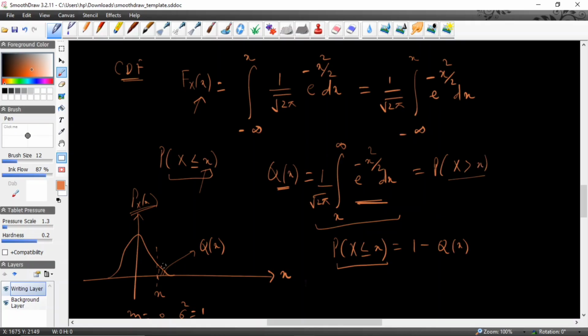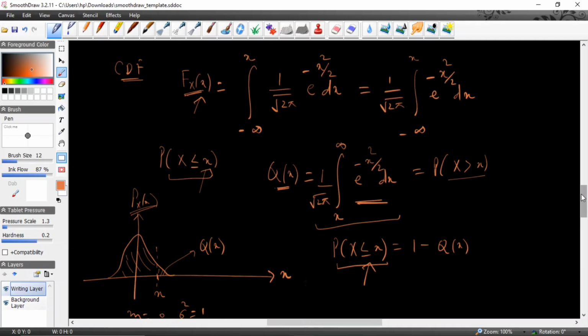So if I subtract this area from 1, I will be left with this much area, which is the probability of X having value less than or equal to x. So that is 1 minus Q of x. So Q of x is nothing but the integral of the Gaussian PDF with limits from x to infinity. And if you define this as Q of x, then the CDF of the Gaussian random variable F_X(x) will simply be 1 minus Q of x.